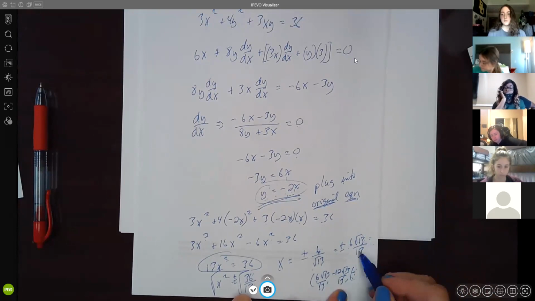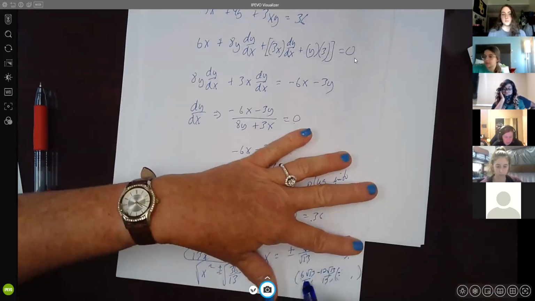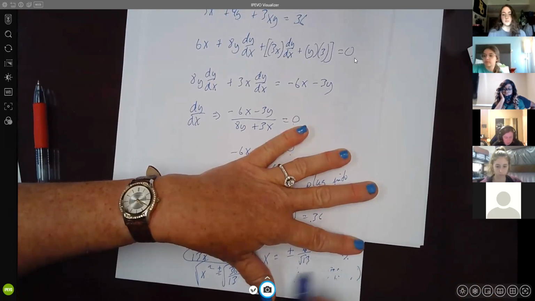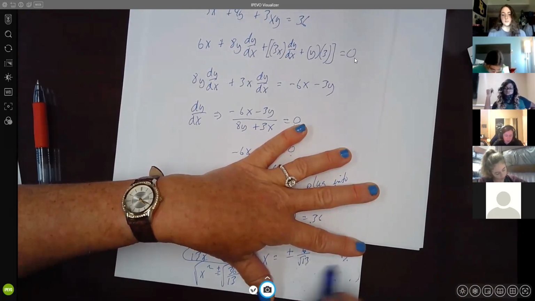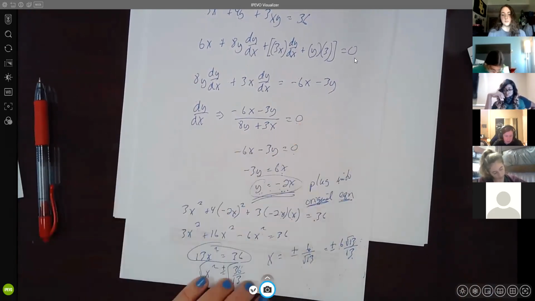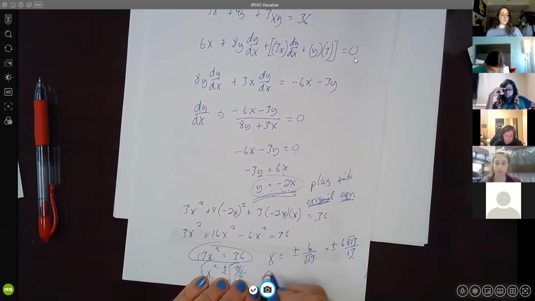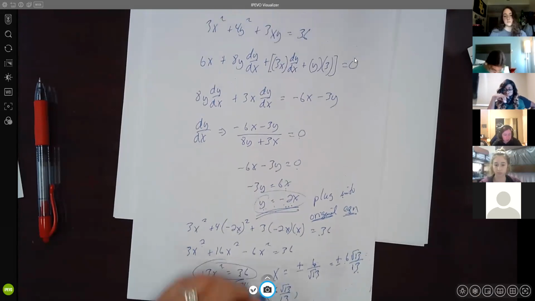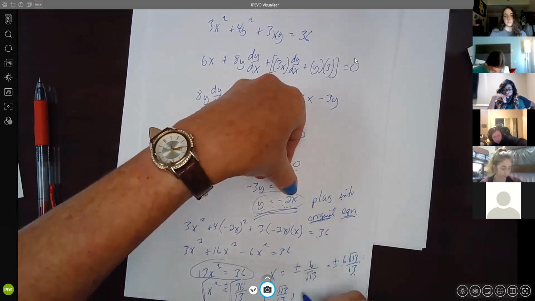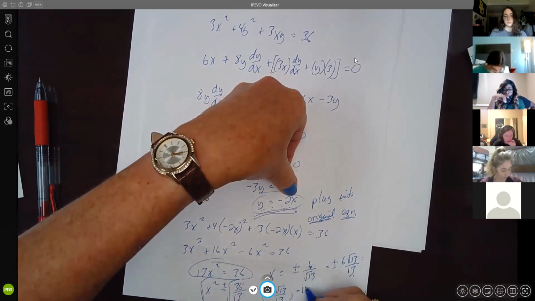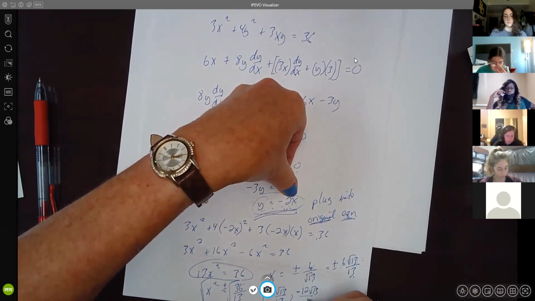Okay. And you're going to do the same thing with the negative because you have two of them here. Let me rewrite this to where it looks better. It began to run out of space here. So my ordered pairs would be positive 6 square root of 13 over 13, comma, and again, if my y value is negative twice the x, that's going to be negative 2 times x, which is negative 12 square root of 13 over 13.